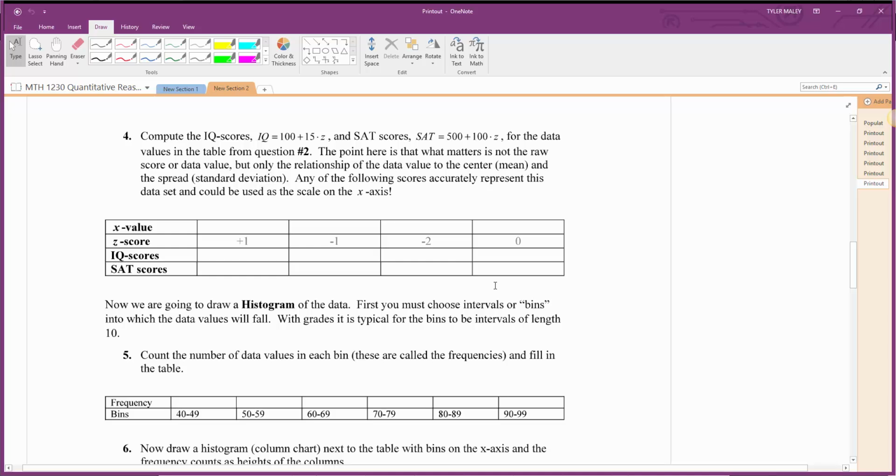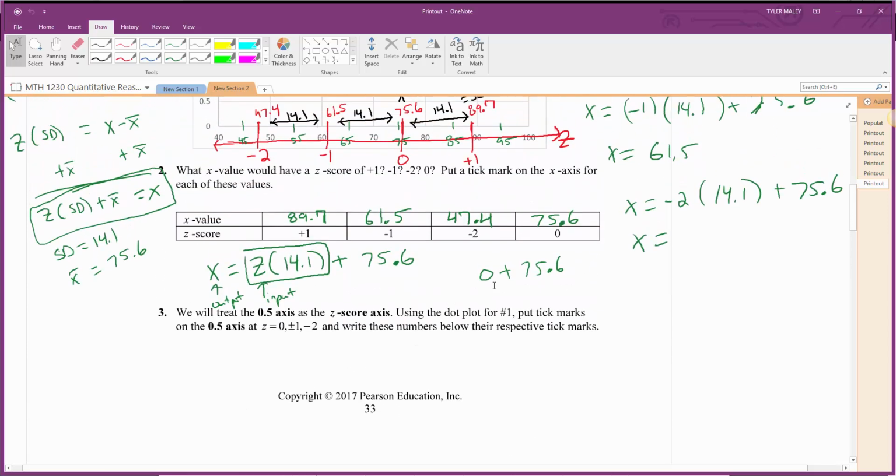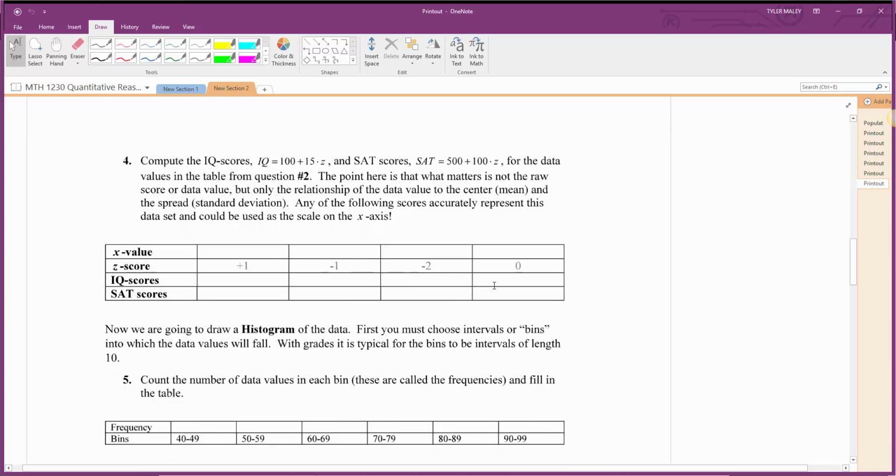The point here is that what matters is not the raw scores or data values, but only the relationship of the data values to the center, the mean, and the spread, the standard deviation. So any of the following scores that accurately represent the data set could be used as a scale on the x-axis. In other words, I could replace the x-axis values with any of the values in the same column and still have the same information presented in the graph, still accurately.